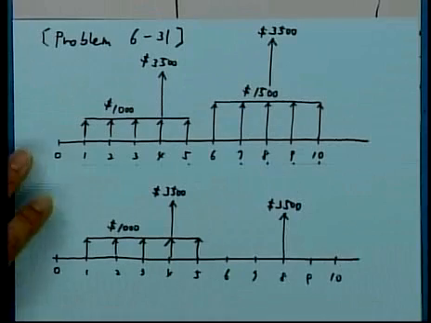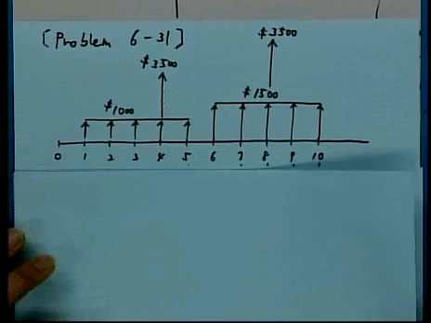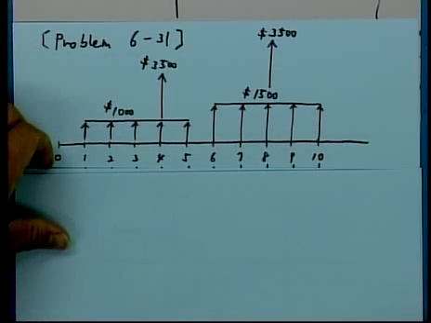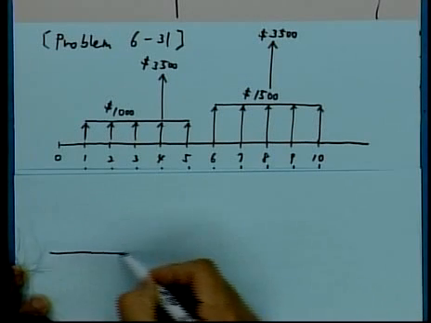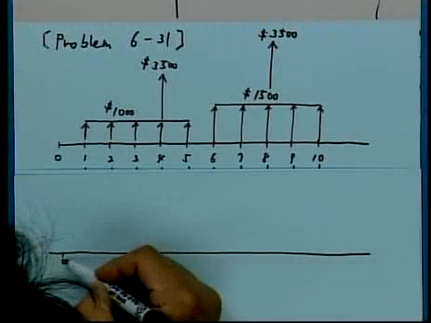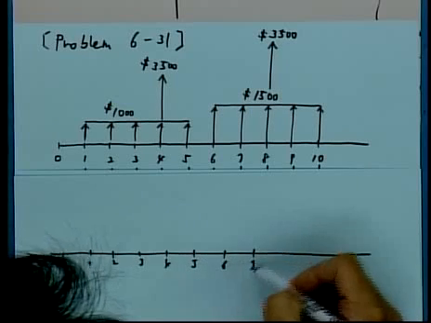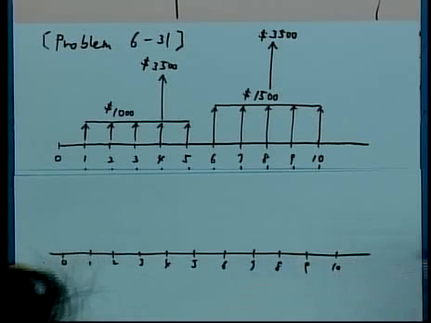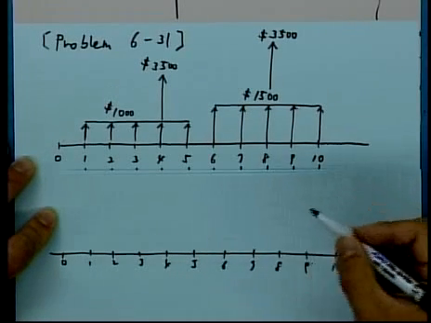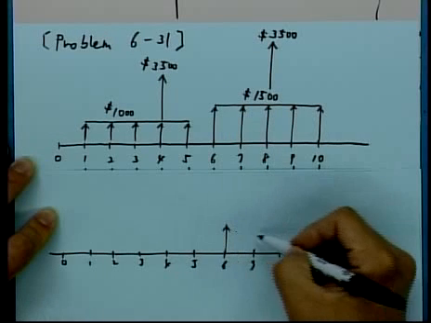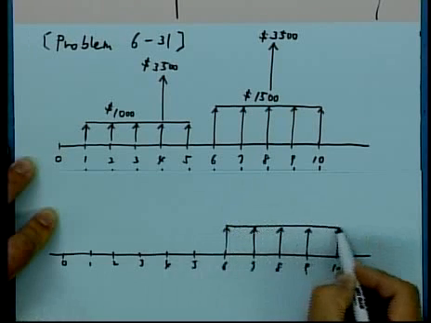Okay, so this is the first component, and the second component, 1, 2, 3, 4, 5, 6, 7, 8, 9, 10, only contains the $1,500 during the second 5 years.